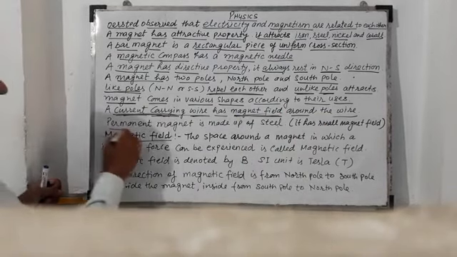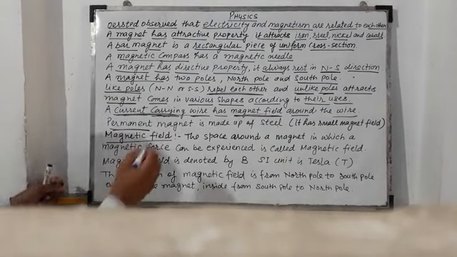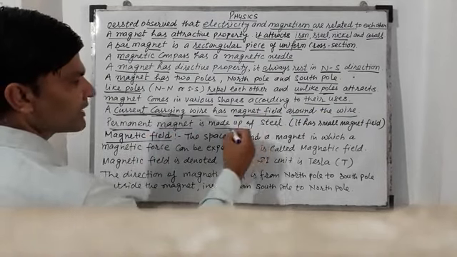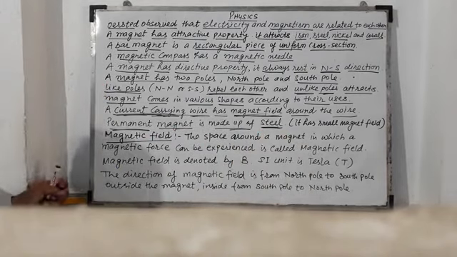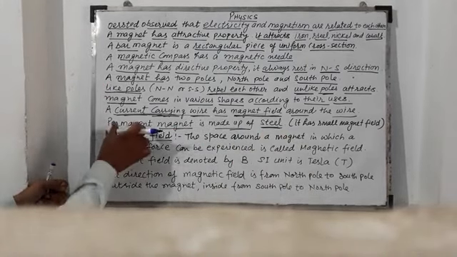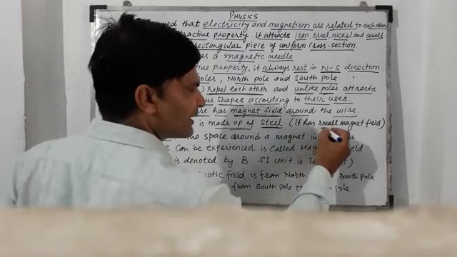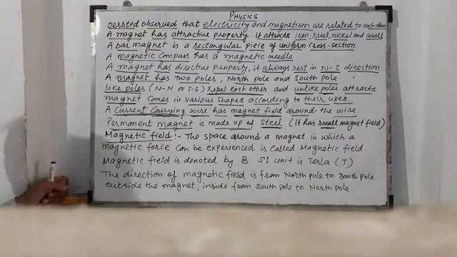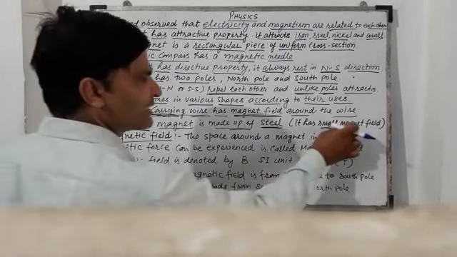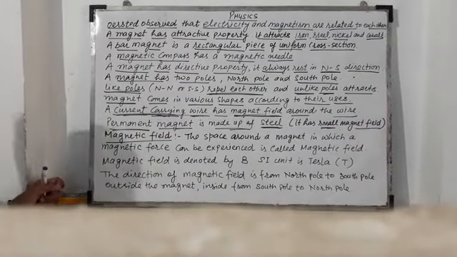The permanent magnet which we have is made up of steel. The magnetic field of a permanent magnet has a small strength. It has a small magnetic field.